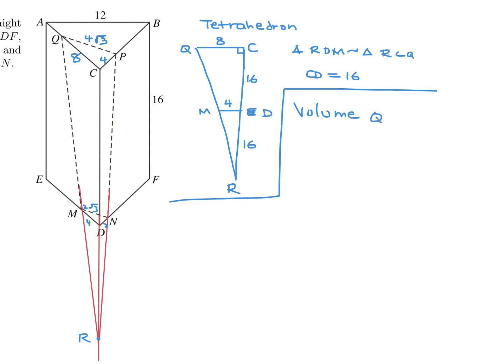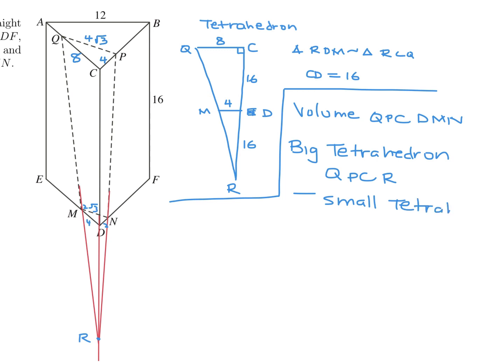And that is Q, P, C, D, M, N. Now to figure out that volume, we'd have to take the volume of the big tetrahedron, which I believe would be Q, P, C as the base, and then going all the way to R. And I subtract from that the small tetrahedron, which would be, in terms of letters, M, D, N, R.